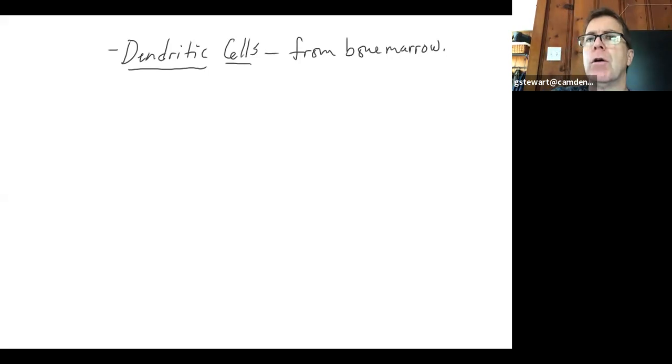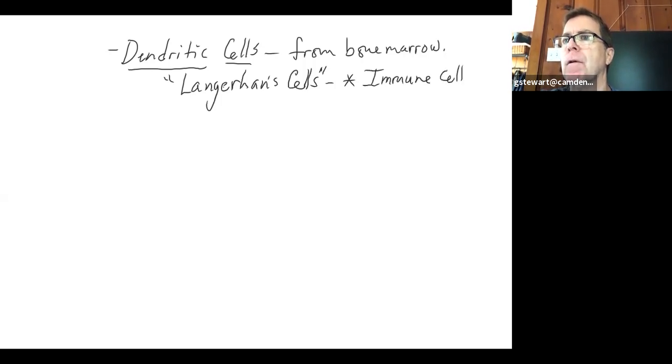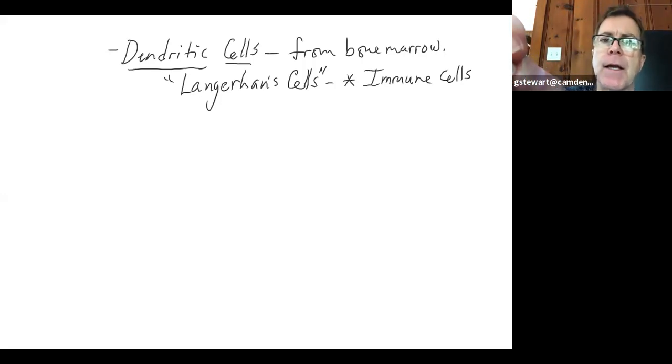They're also called Langerhans cells, after the French guy who discovered them, or maybe he's German, I forget. So Langerhans cells is just another name for a dendritic cell. They act as immune cells. They're called dendritic cells because they're spiky shaped like this.